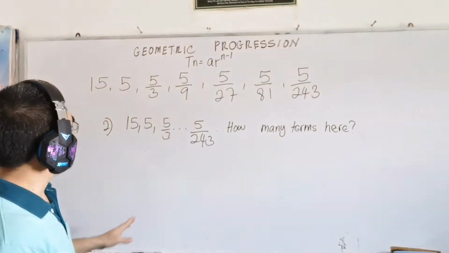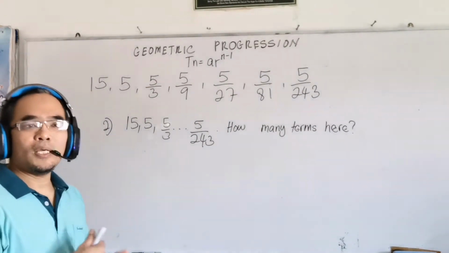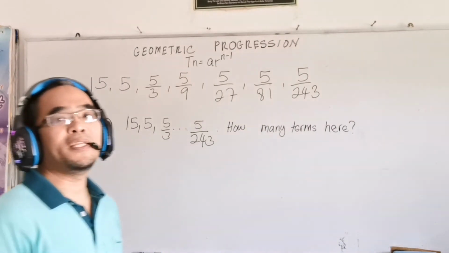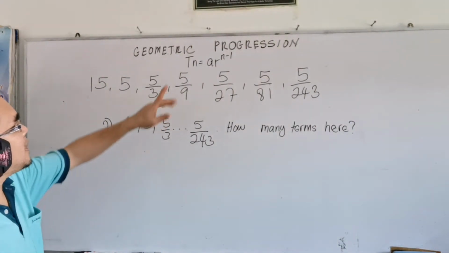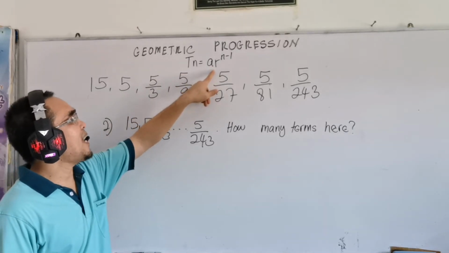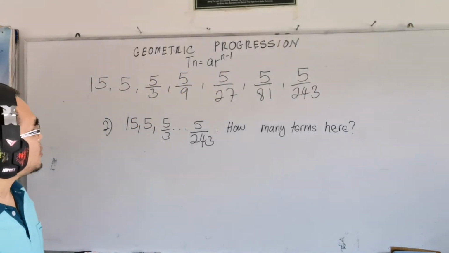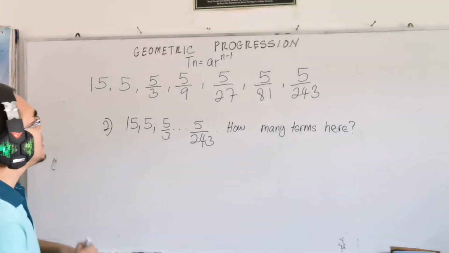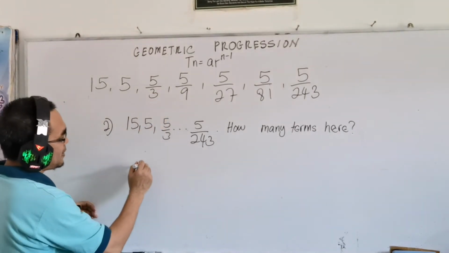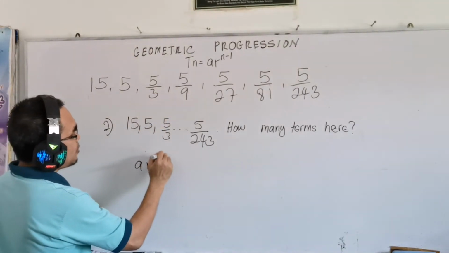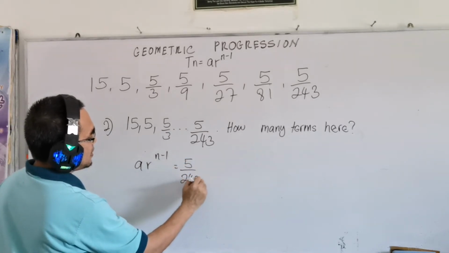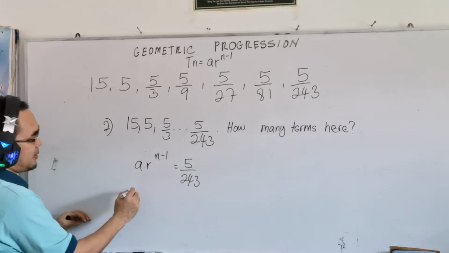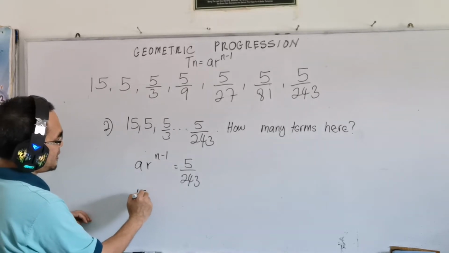Okay, but in your exam you will not be given this simple question. So how many terms are here? Using the formula, you have to say Tn equals AR^(n-1) equals the last term given, and then substitute. A will be 15.